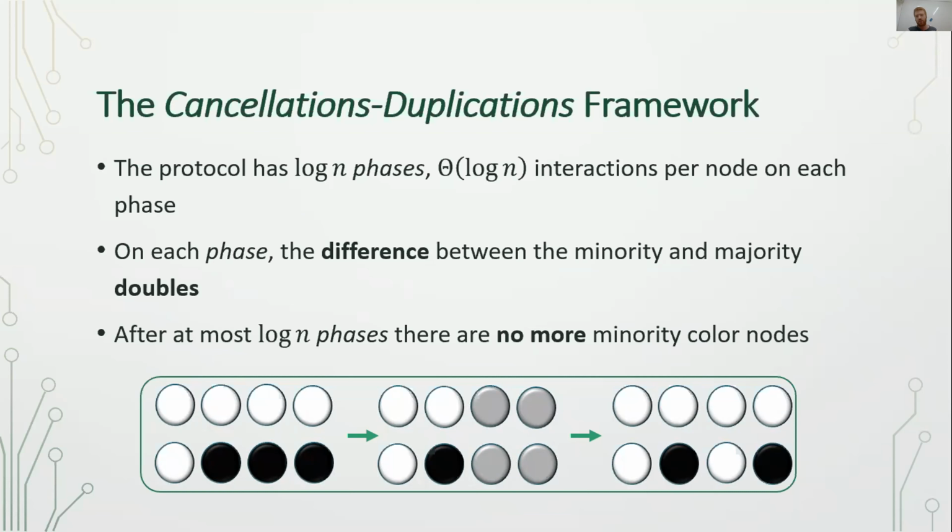And there is a duplication stage where every colored node that is left in the population duplicates itself once into an empty color node, as you can see in the illustration as well. So after the whole phase, the difference between the majority and the minority colors doubles. Therefore, of course, after at most log n phases, there will be no more minority color nodes in the population. This works only as long as each node interacts Θ(log n) times per phase.